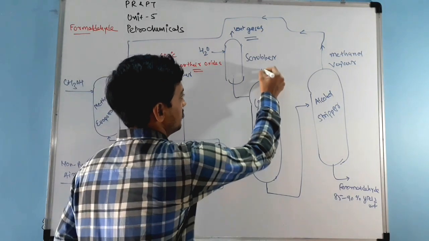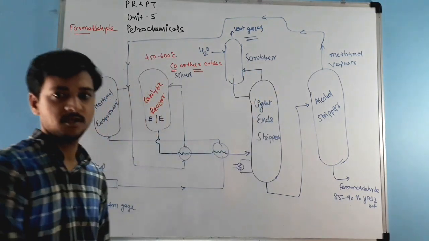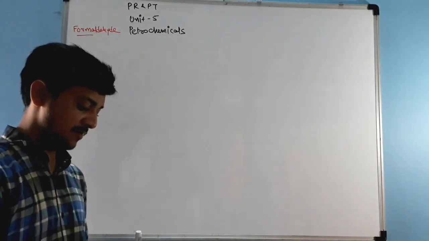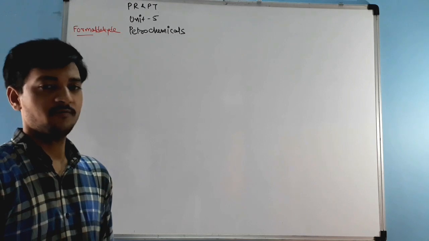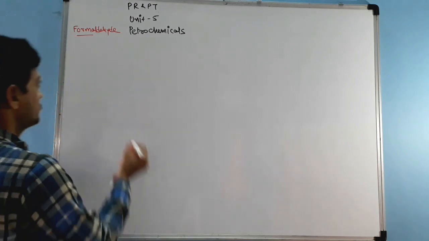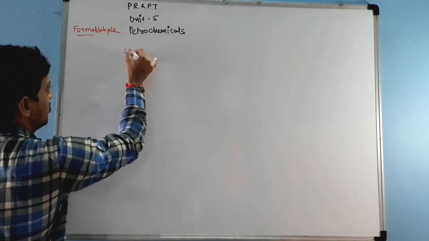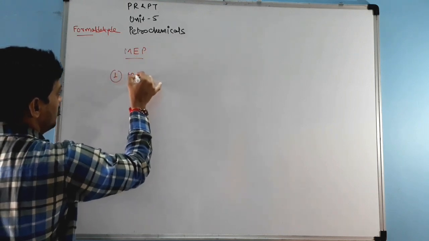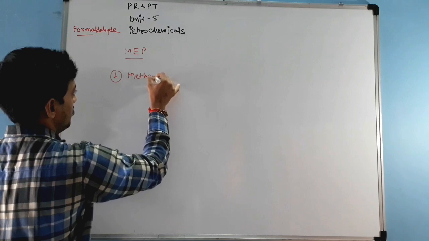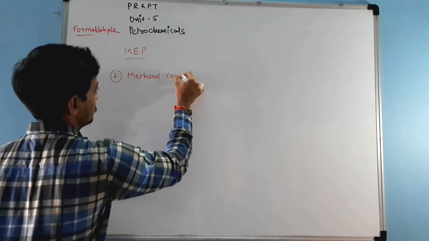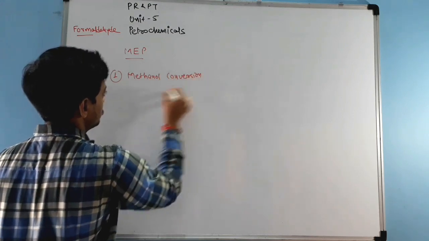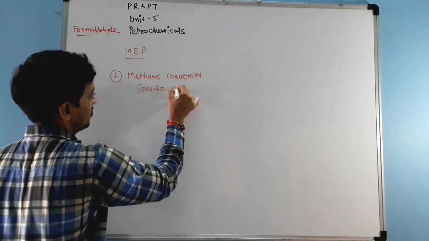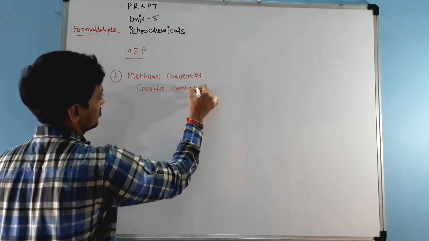Now let's discuss the major engineering problems, MEP, of formaldehyde. Two MEPs are there. First, methanol conversion, that is specific catalysis.